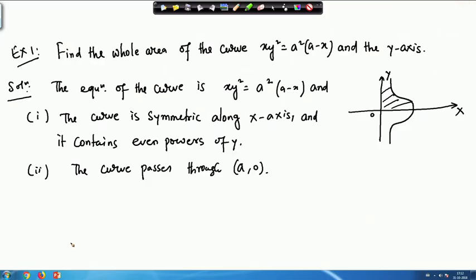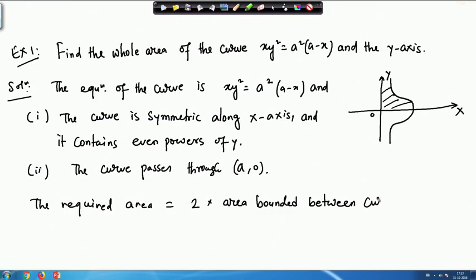Then, to calculate the area, the required area is equal to 2 times the area bounded between the curve and the upper half of the x axis.